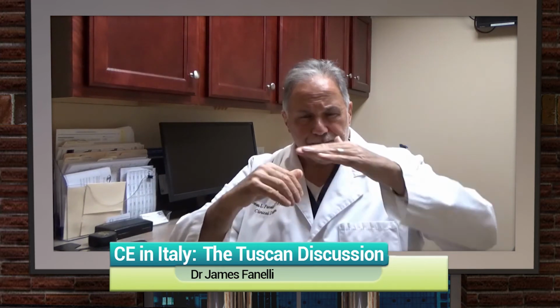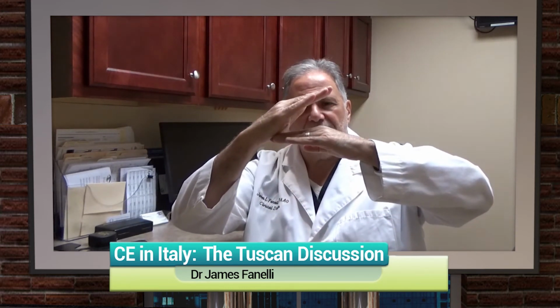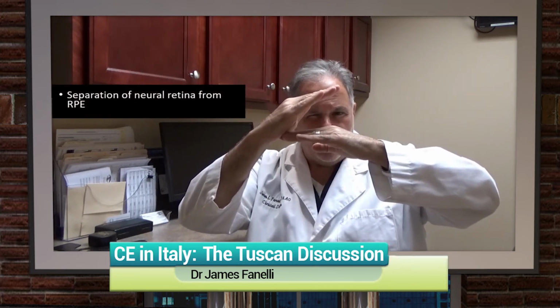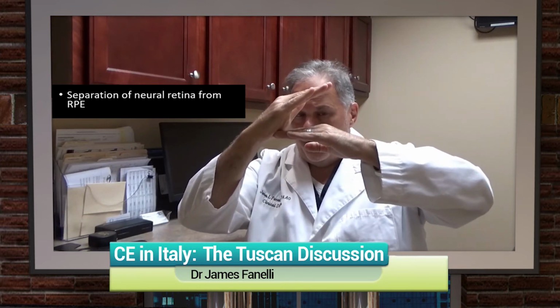And the other piece that helps us to distinguish between optic disc drusen and papilledema is the fact that the RPE tends to remain flat, but because we're jamming these hyaline bodies into the optic nerve, the neurosensory retina oftentimes will be separated just adjacent to the optic nerve from the underlying RPE.